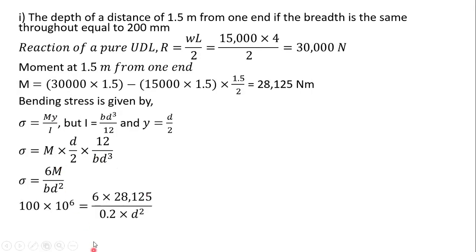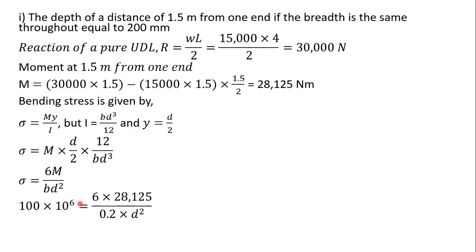So we substitute stress 100 by 10 power 6, then equals 6 times our moment M, which is 28,125, divided by B, which is 0.2, times D cubed. Our D is just D, because that's the one we're looking for.